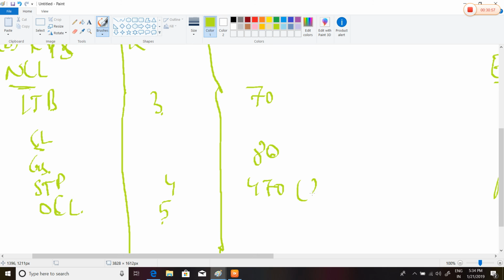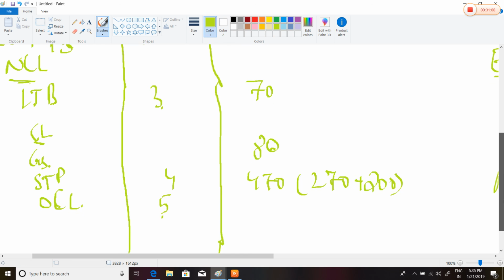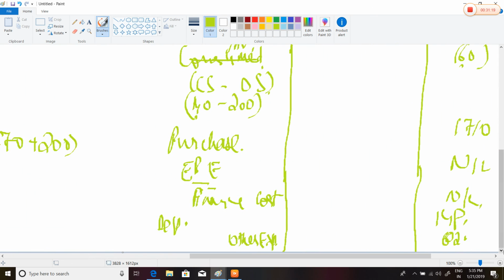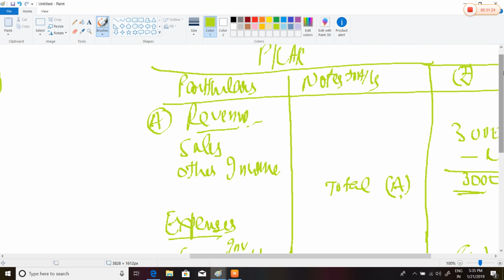How? 270 for the income tax and dividends, how much? 200. The balance sheet is matched. Other current liabilities nil. I hope you will make the notes to account for these two. I hope you got the lecture. Our final preparation of financial accounts of a company is done. Easy topic. I hope you have no doubt in this.